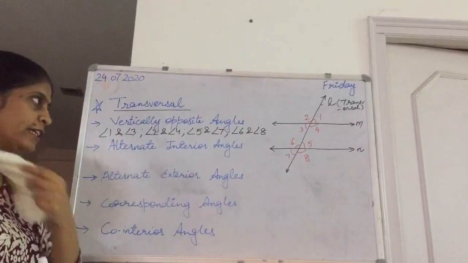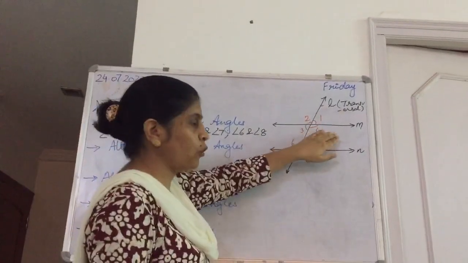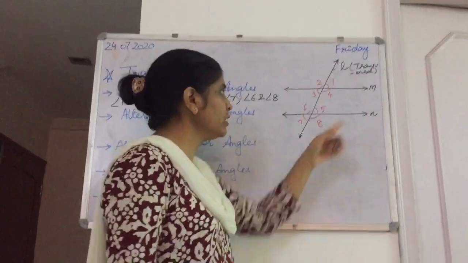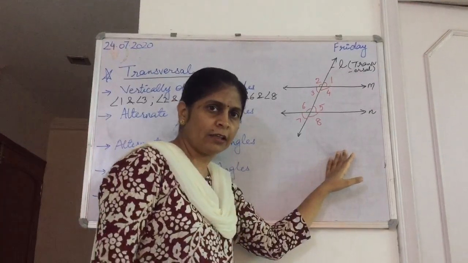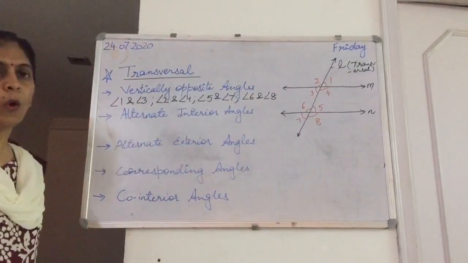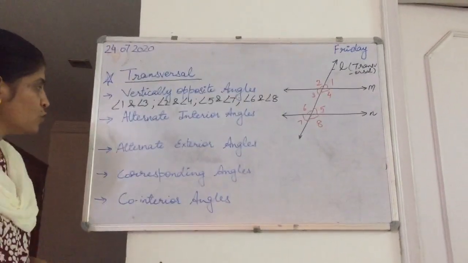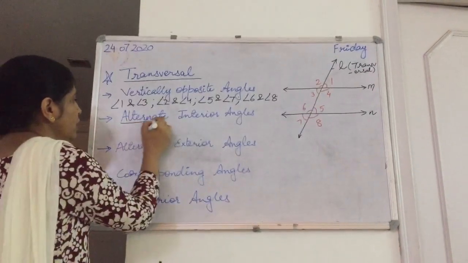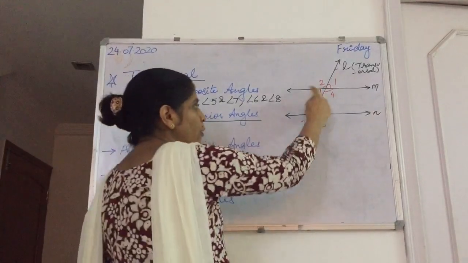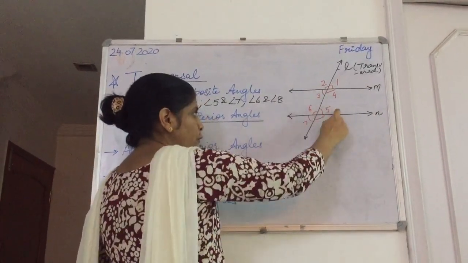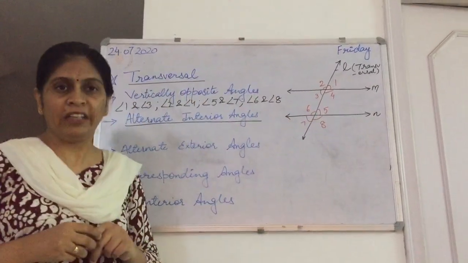So what are exterior then? Those which are not interior are called exterior: angle 1, angle 2, angle 7 and angle 8. Clear? So let's talk about alternate interior angles. Students, first keep one thing in your mind: we are talking only about these 4 angles, 3, 4, 5 and 6, because they are interior.